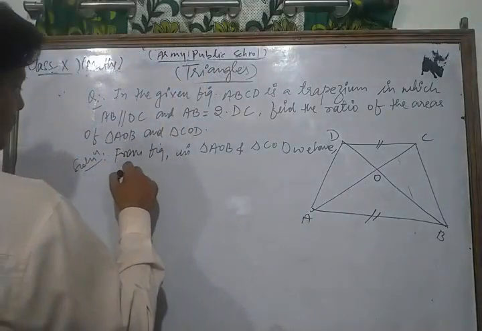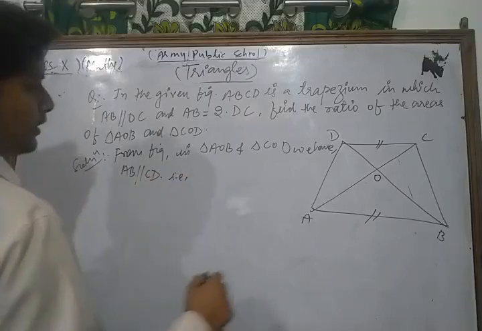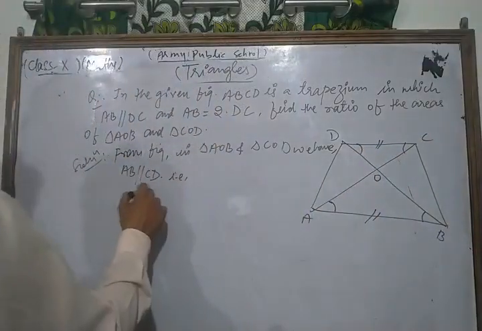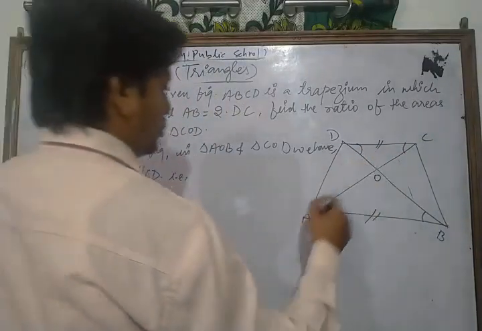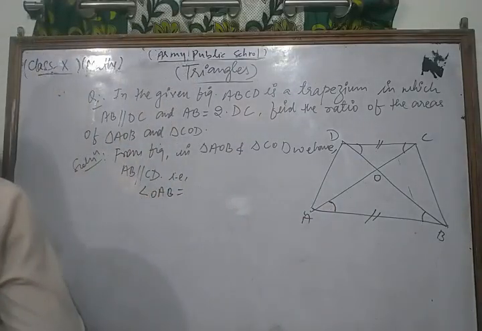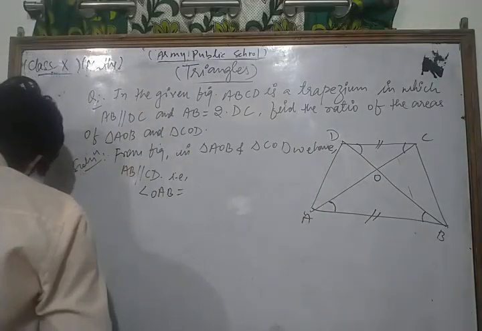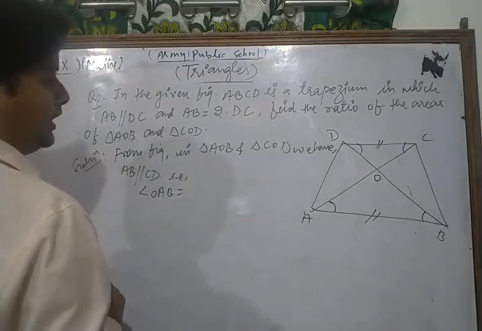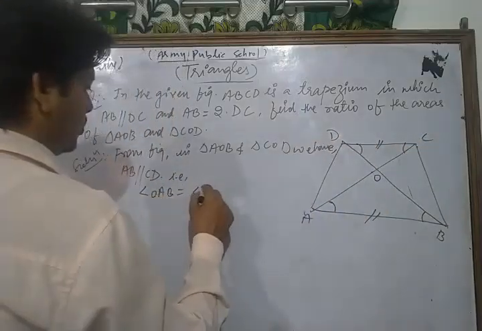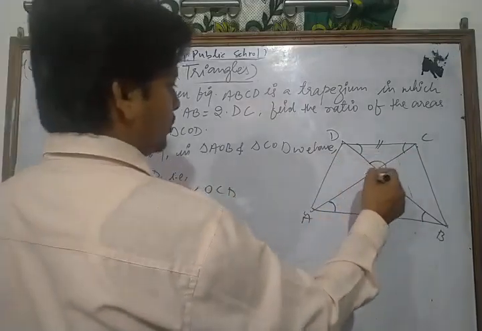So angle OAB is the same as angle OCD, and also angle AOB is equal to angle COD.